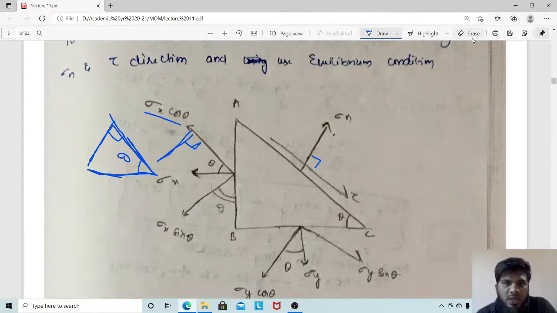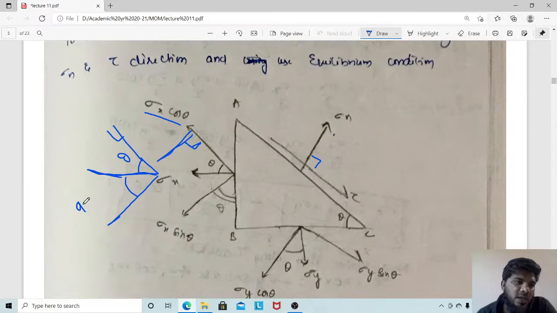So after that, how we have resolved this: we have already understood from the similar triangle property that we have identified this angle as theta. Now what I am doing is drawing a perpendicular line to this horizontal line. Once I have drawn this, this will obviously become 90 minus theta. This will become 90 minus theta.